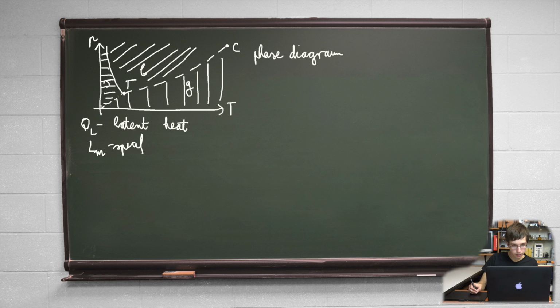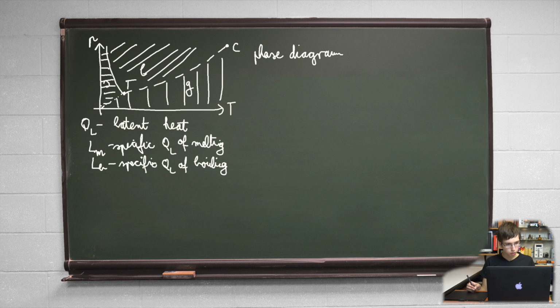There are also specific latent heat of melting, Lm, and Lb, which is specific latent heat of boiling, which are characteristics of a material.